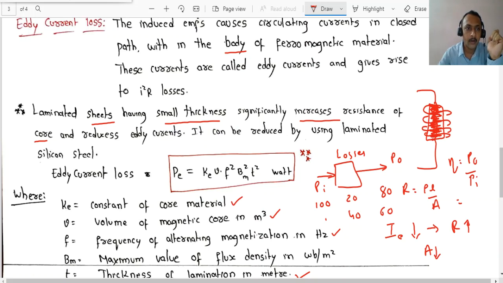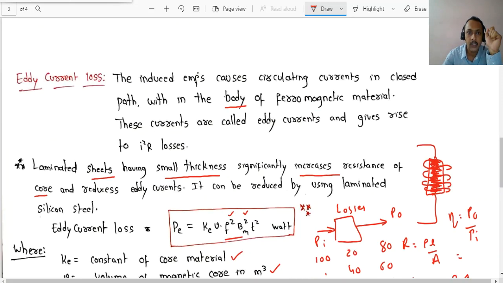Clear? Now, eddy current loss is proportional to the square of the frequency. Observe here, square term is there. For frequency you are having power 2. For flux density also we are having power 2. That is important. Directly proportional to the square of the frequency and square of the maximum flux density, if it is eddy current loss.